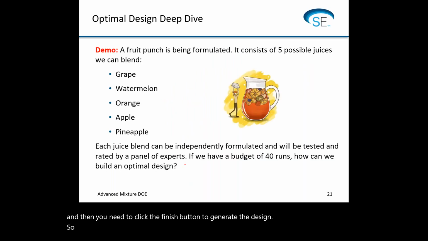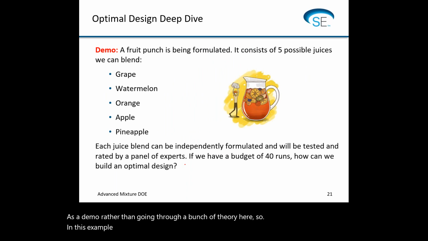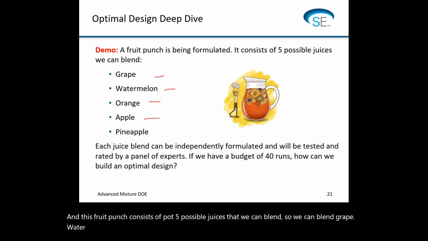So we're going to do this as a demo rather than going through a bunch of theory here. In this example, we're going to be formulating a fruit punch. This fruit punch consists of 5 possible juices that we can blend: grape, watermelon, orange, apple, and pineapple.